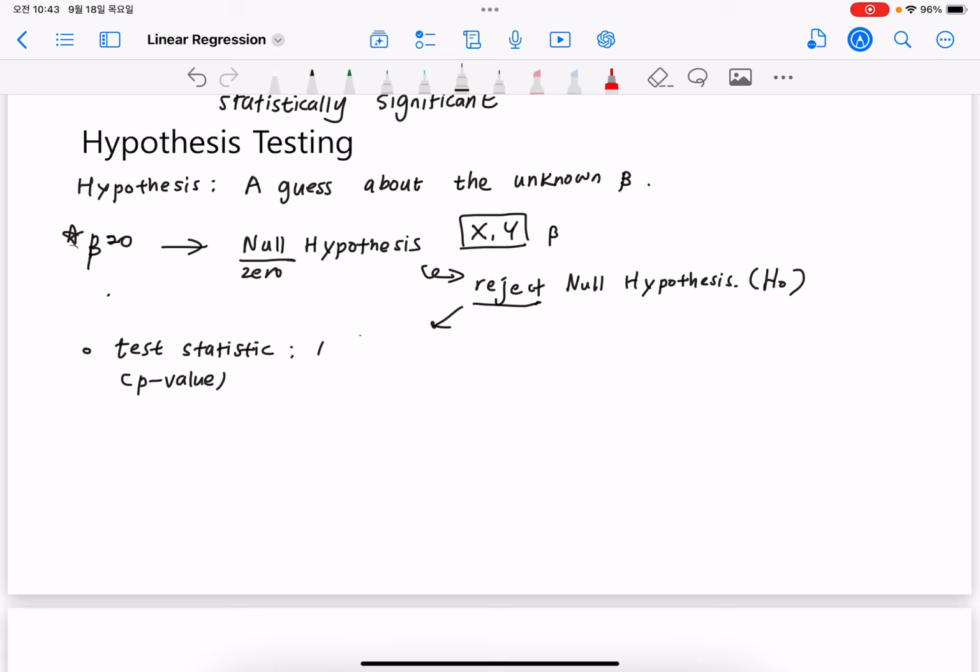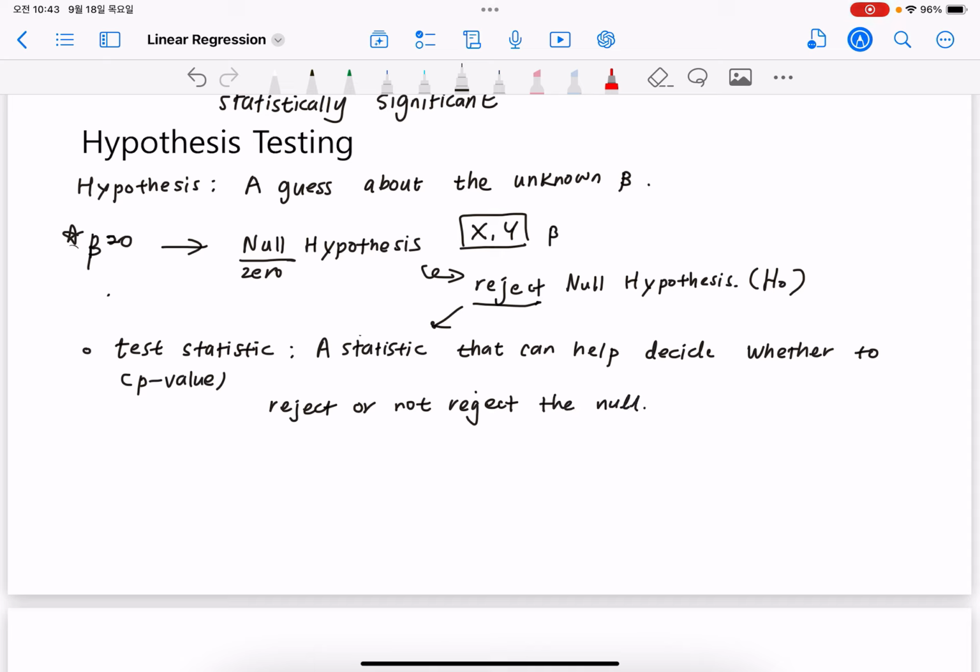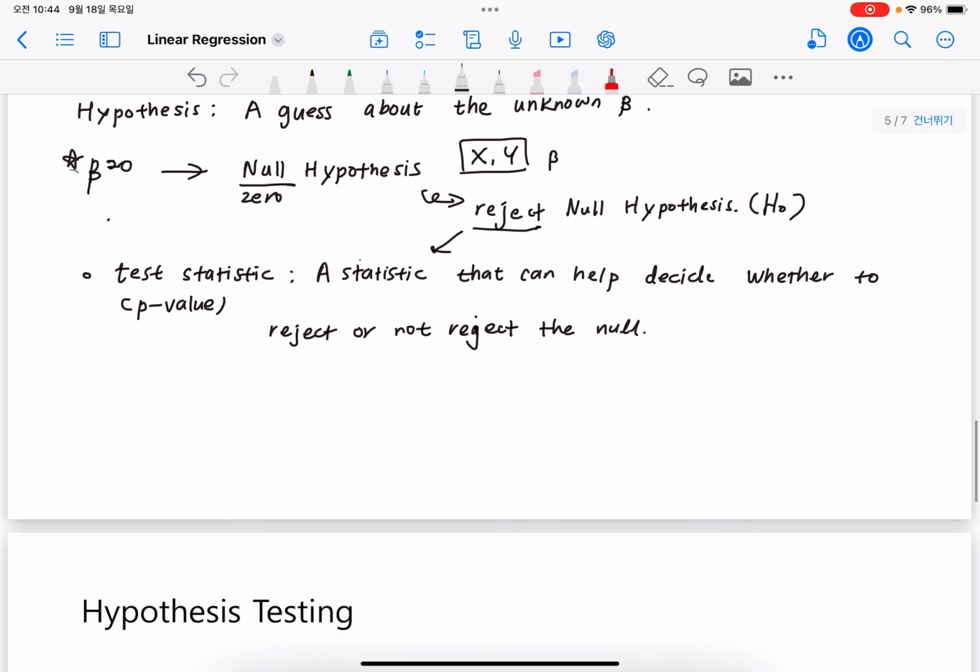The test statistic is the statistic that can help decide whether to reject or not reject the null. And the p-value is used for rejecting or not rejecting the null.